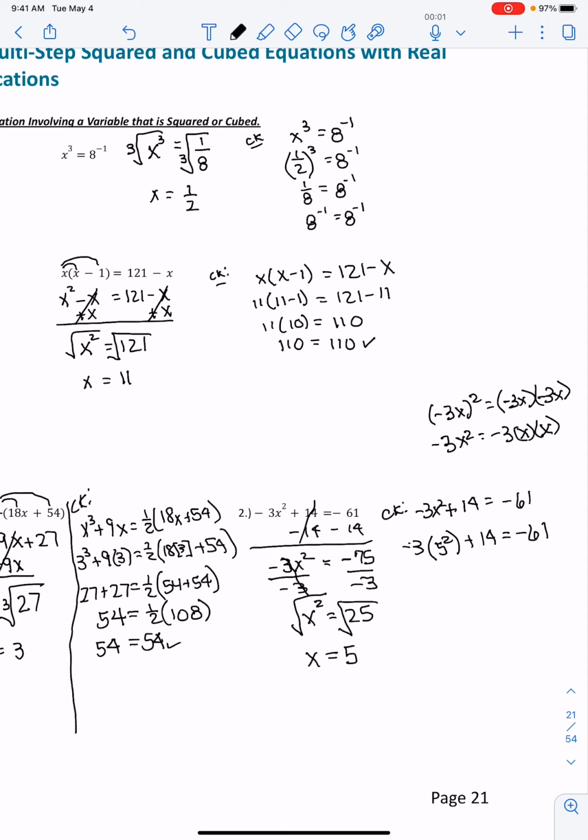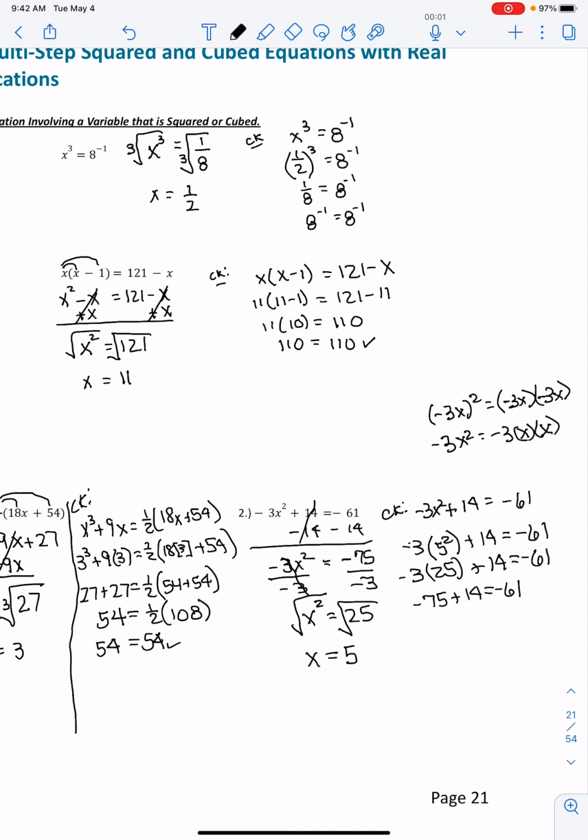Okay, so now I have 5 squared is 25. So remember your order of operations. So we've got negative 3 times 25 plus 14 equals negative 61. And then negative 3 times 25 is negative 75 plus 14 equals negative 61.